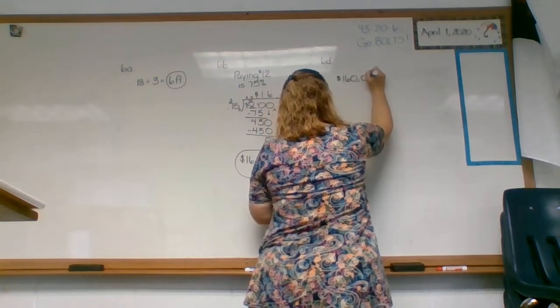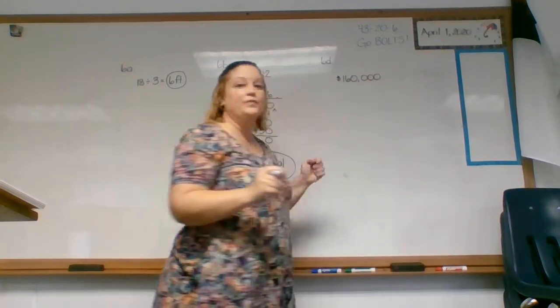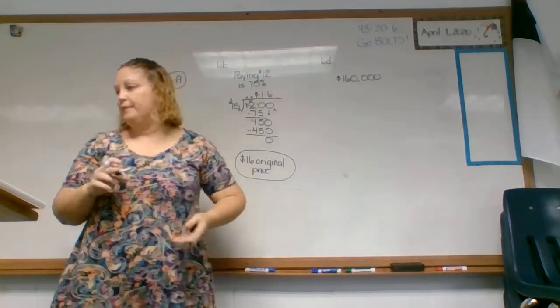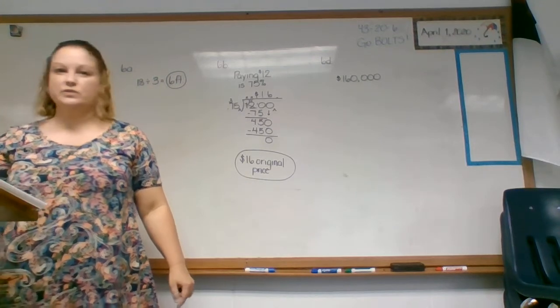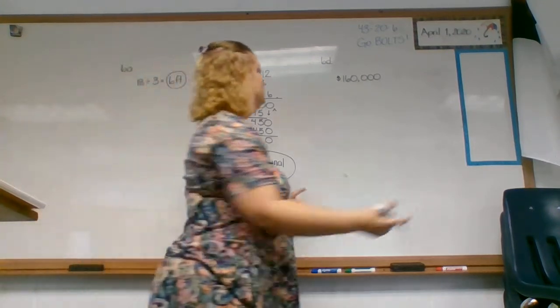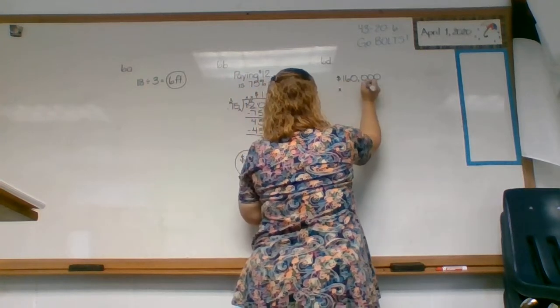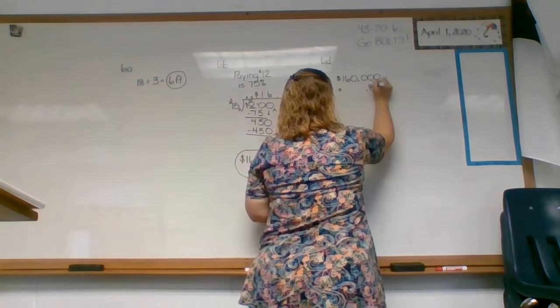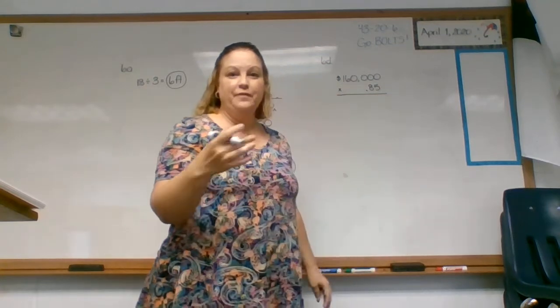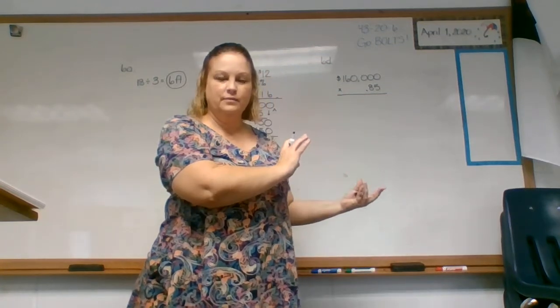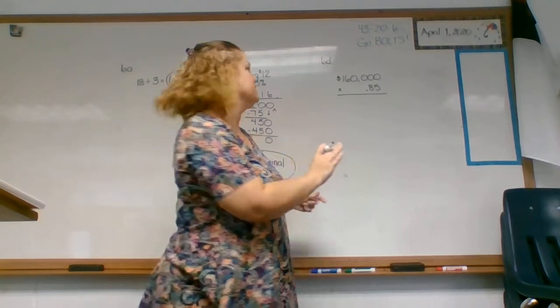And then it tells us what they pay in the taxes on that property. It says they must pay property taxes on 85% of the value of the house. So we need to find that 85% value so we know what portion of that value is actually taxed.